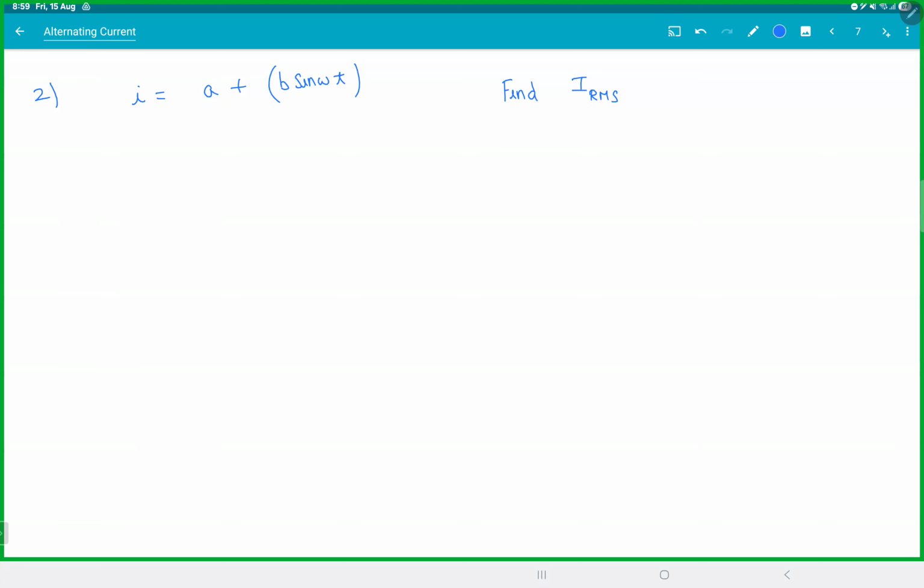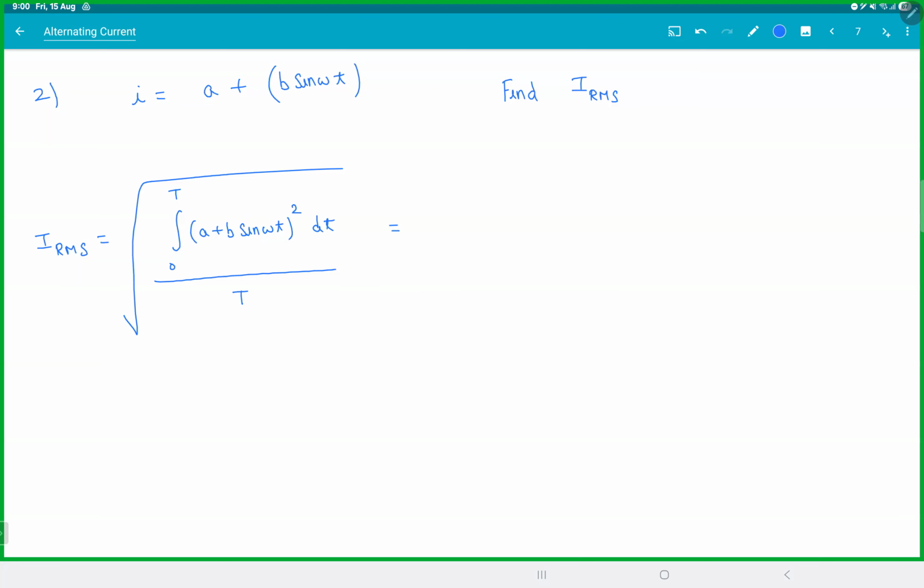You just have to put in that integral and integrate it. So IRMS will be root over the integral of a plus b sine omega t, whole square, dt from 0 to T. Denominator will be T anyway.